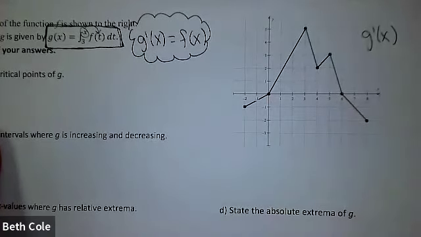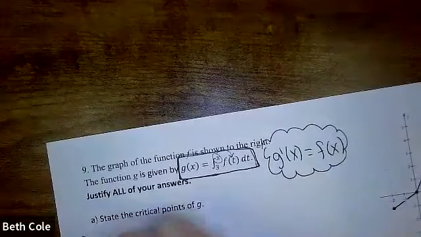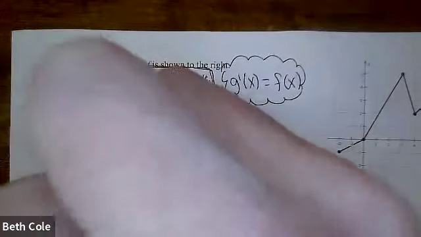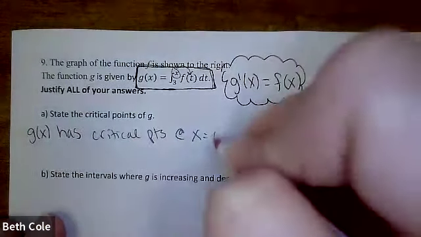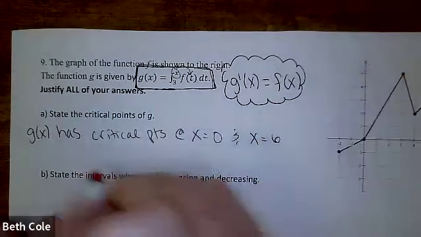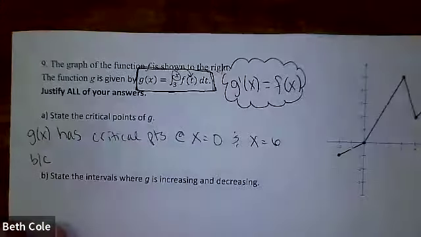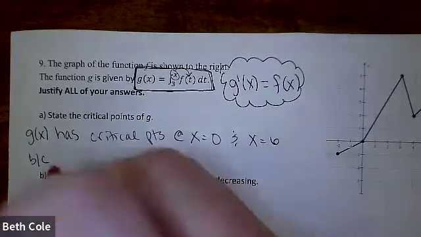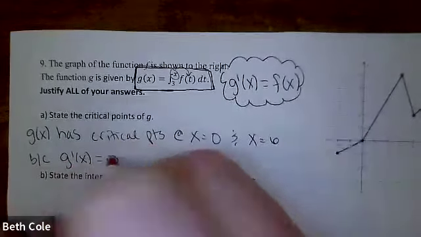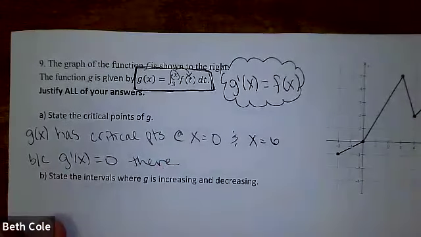Okay, your sentences should start, G of x has critical points at x equals 0 and x equals 6 because. And why'd we pick those? You picked the right answers, so just tell me why you chose those. G prime equals 0.